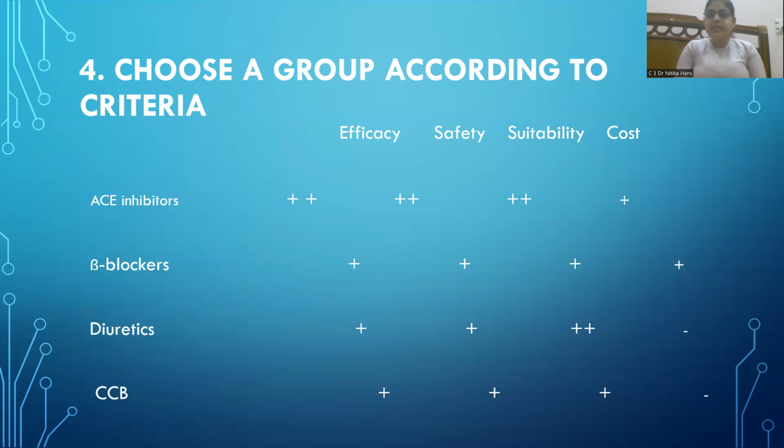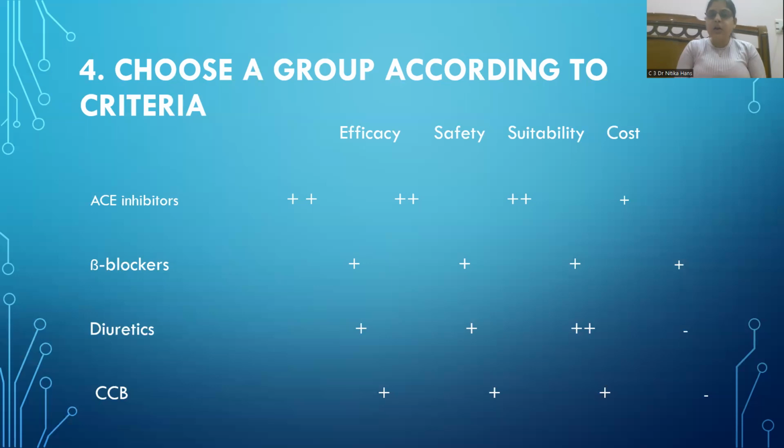Safety-wise also, they are less safe because they cause hypoglycemia, hypertriglyceridemia, hyperlipidemia, bronchoconstriction, and vasoconstriction. They are less suitable because in patients suffering from bronchial asthma, these drugs may cause bronchospasm. Cost-wise, they are less costly.